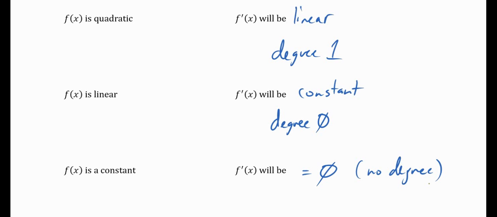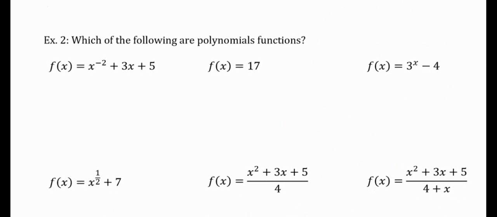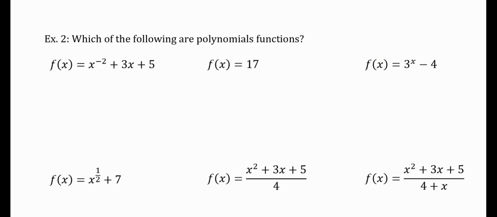We don't have to know how to do that yet. Any questions about that? We will explore a lot more on derivatives of polynomial functions coming soon. Which of the following are polynomial functions?